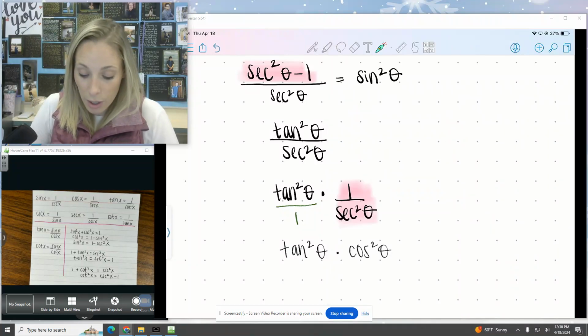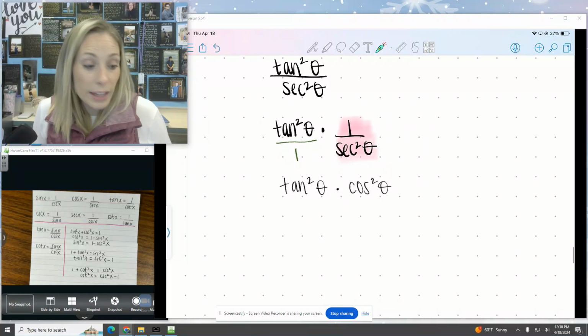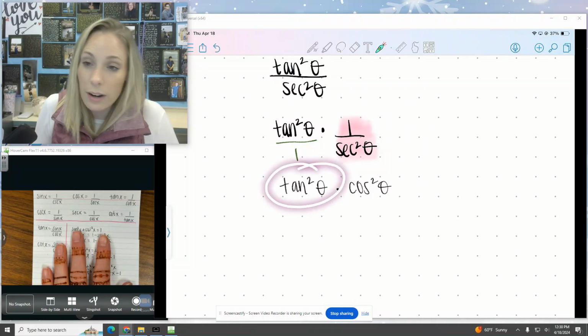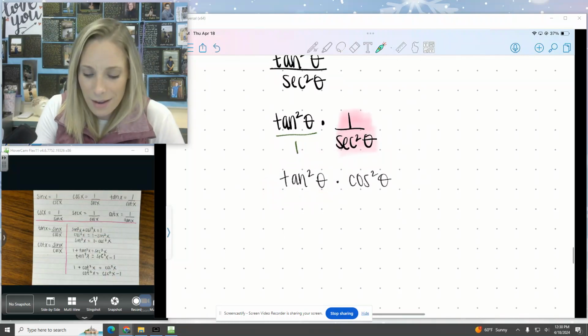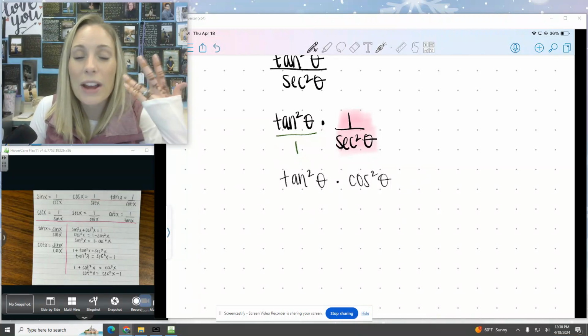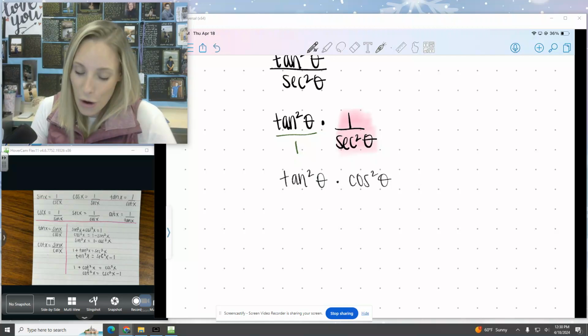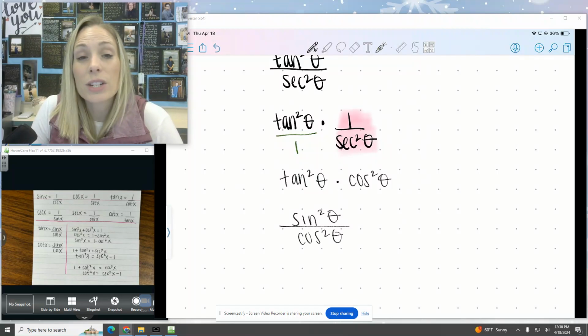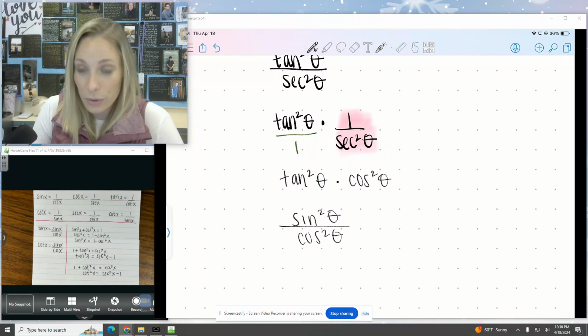All right, we're almost there. Again, if you have these memorized, things are so much easier. So right now I'm looking at this tangent squared, and in my head, I'm like, oh yeah, I know exactly what I need to do. And in my head, I'm already saying, woohoo, because I know that I have the right answer. I know deep within my soul that I have done this correctly, because tangent is the same thing as sine over cosine. So tangent squared is sine squared over cosine squared.